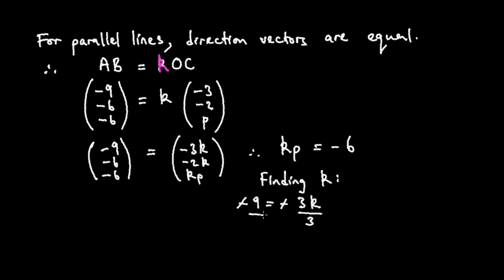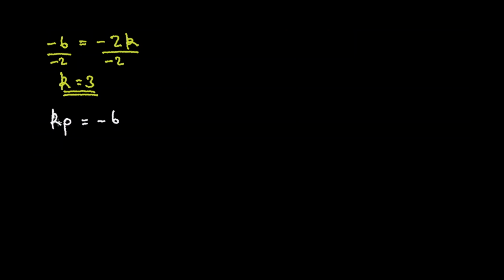If we divide both sides by 3, we see that k is equal to 9 over 3, which is 3. Taking -6 equal to -2k, if we divide both sides by -2, you see that k is again 3. Now that we know k is equal to 3, we can take the equation kp = -6, where k is 3, so 3p = -6. Dividing both sides by 3, we see that p is equal to -2.